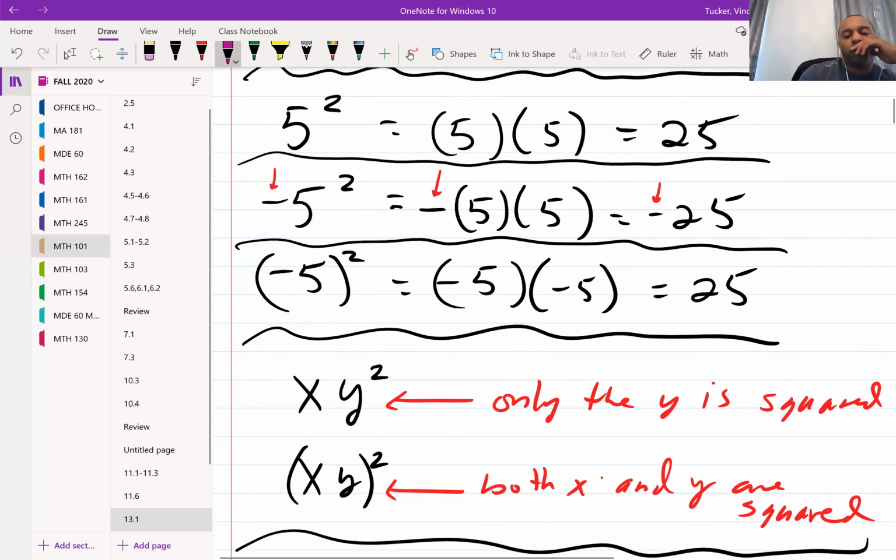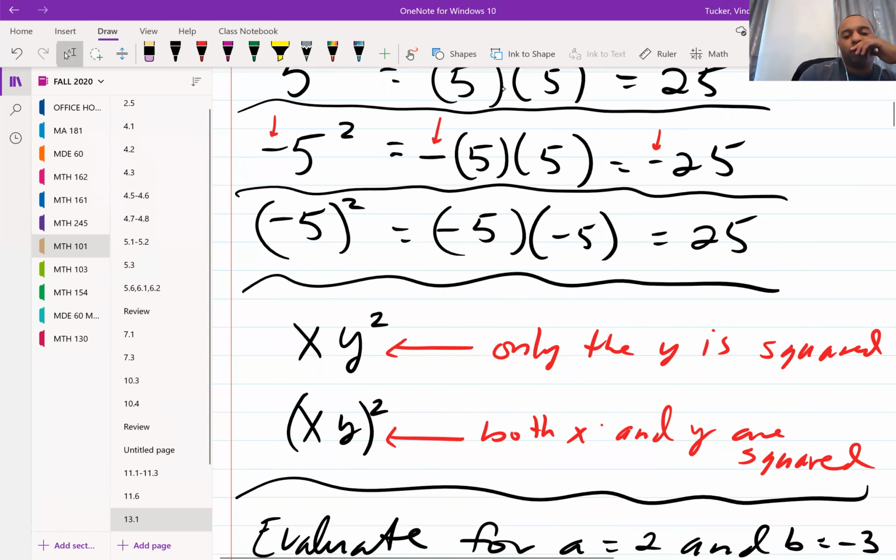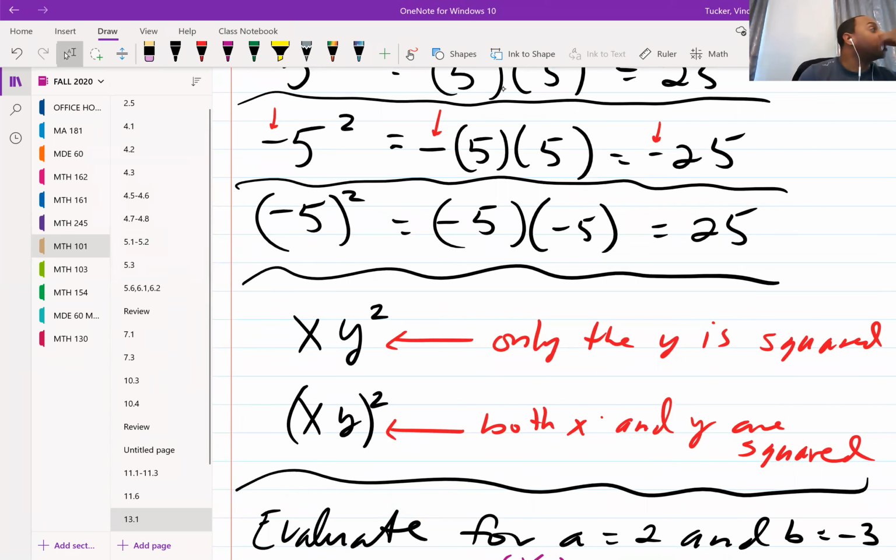All right, any questions? Just talking about using exponents, making sure we understand the application of our exponents.